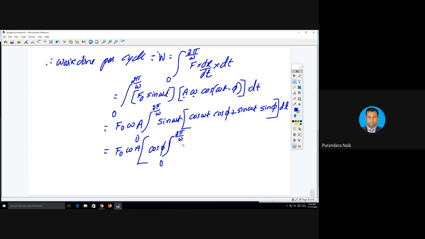The first term will have sine omega t cos omega t into dt, plus the second term, sine phi, which is a constant, integration from 0 to 2 pi by omega, with sine square omega t into dt.